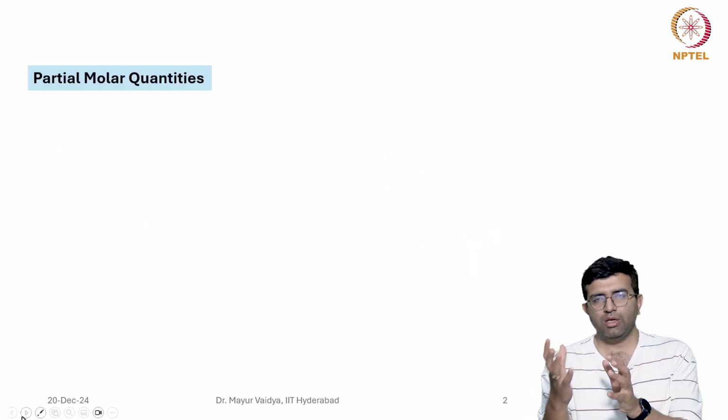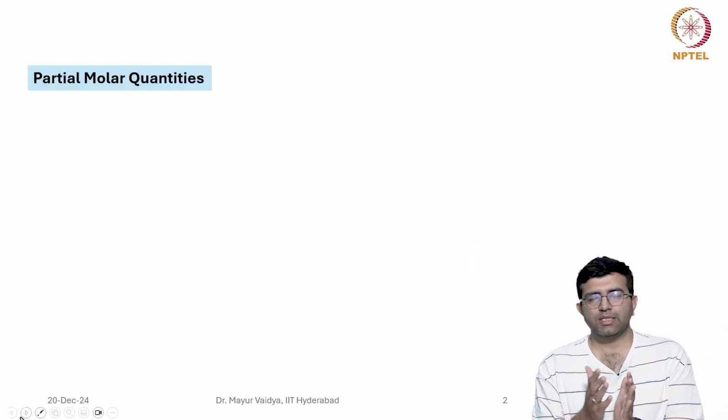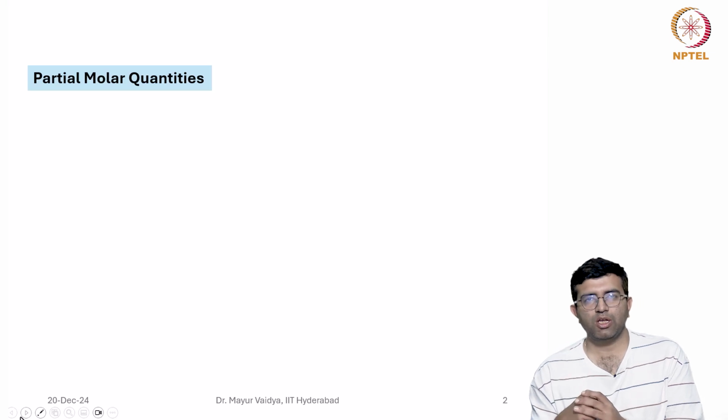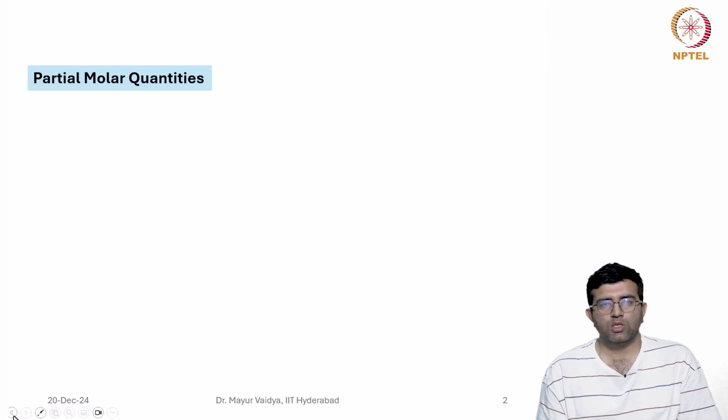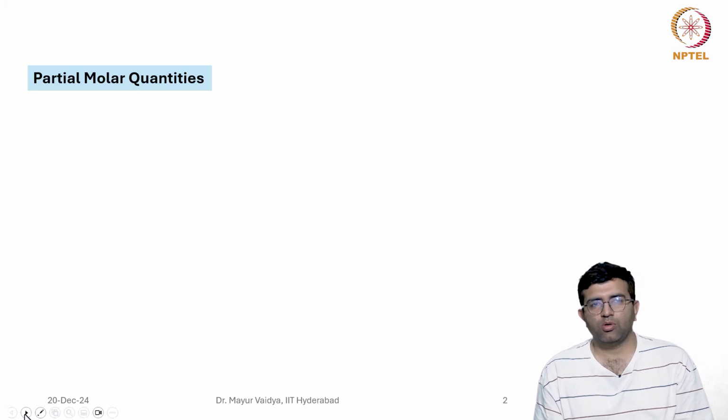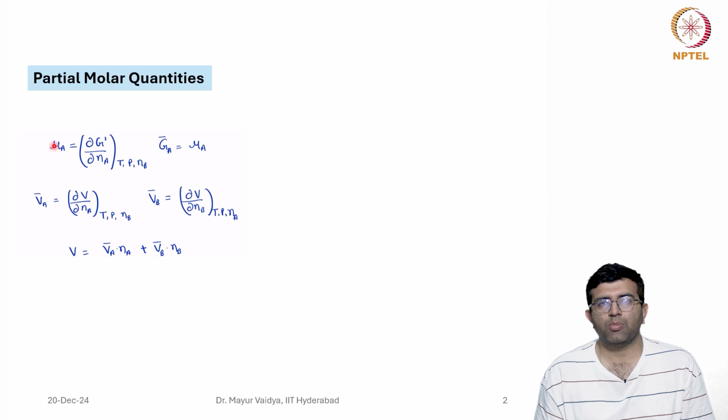Just before we step on to the Darken analysis, there is one small relation I want to convey, for what are known as partial molar quantities. For example, we know the chemical potential.